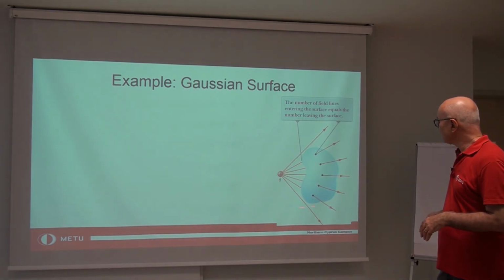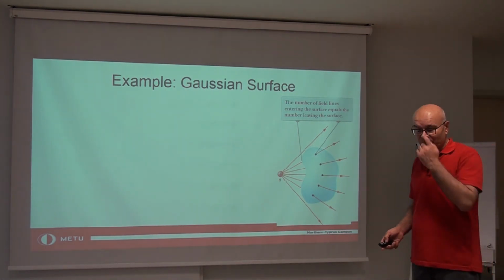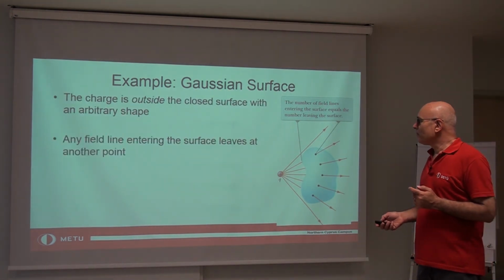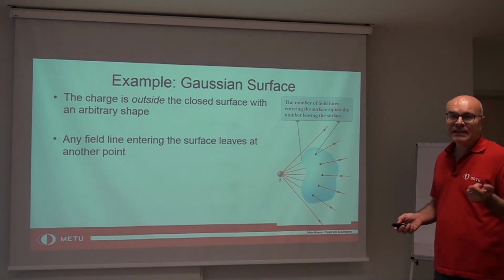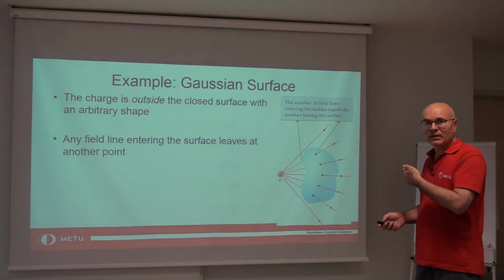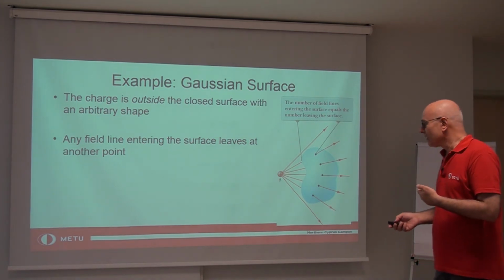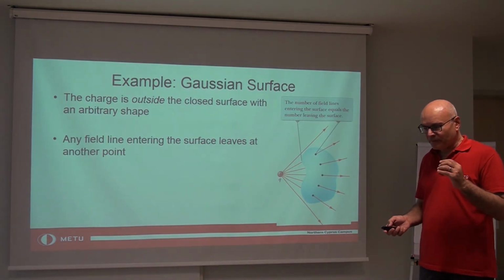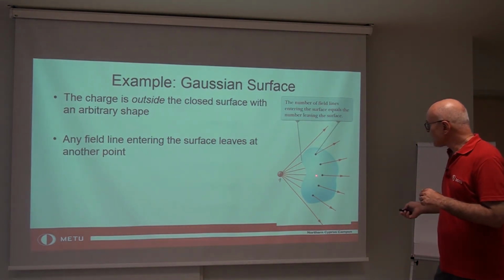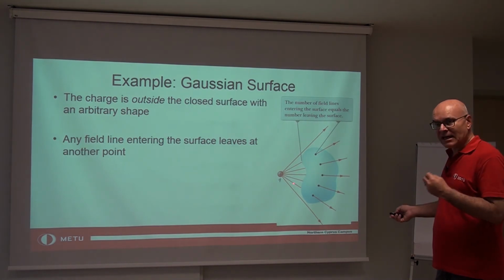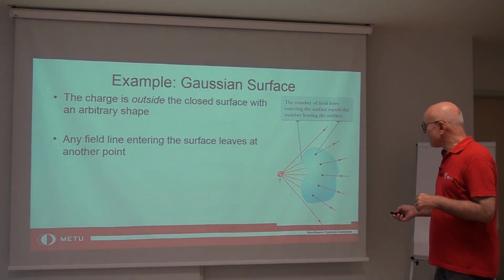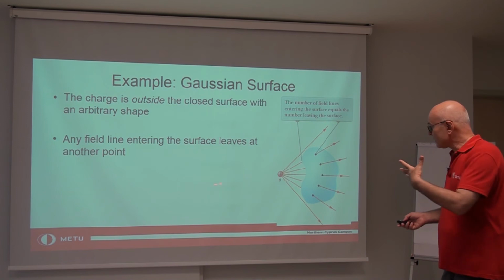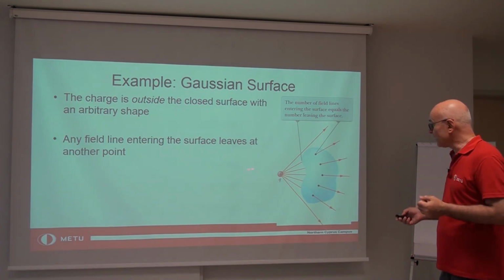These are penetrating the Gaussian surface. Now, Gauss law says that the net flux through that surface is equal to 0. Okay? Now we observe the following. Because I don't have charges inside the surface, all the flux of electric field lines through the surface is coming from the charge outside.